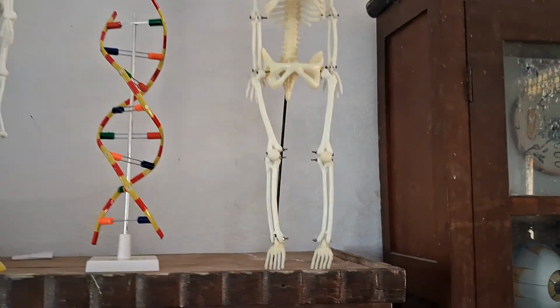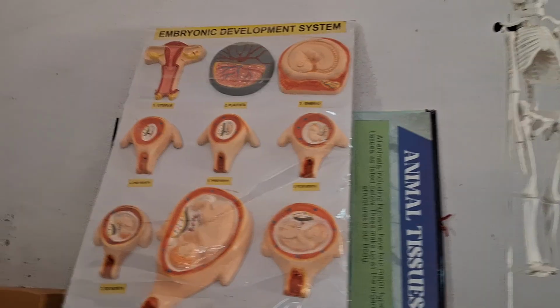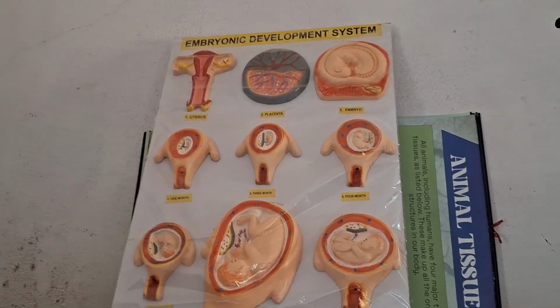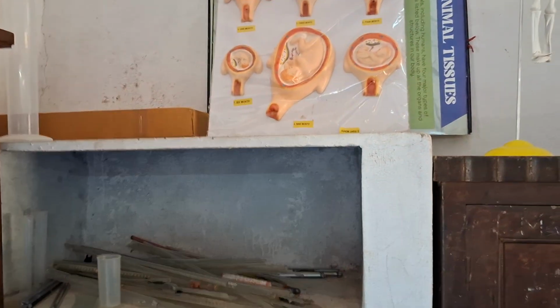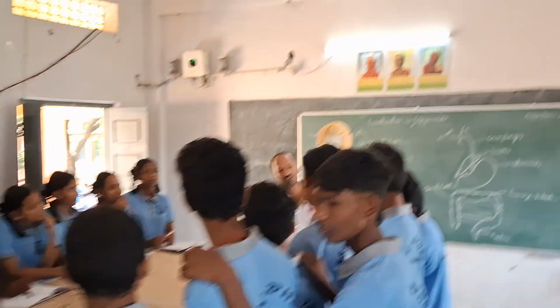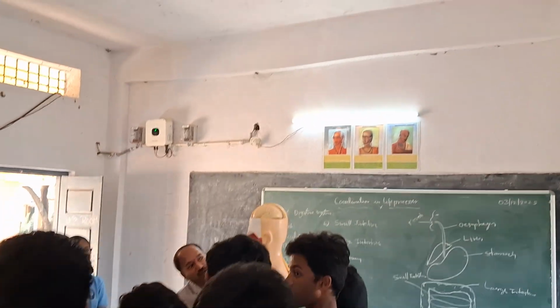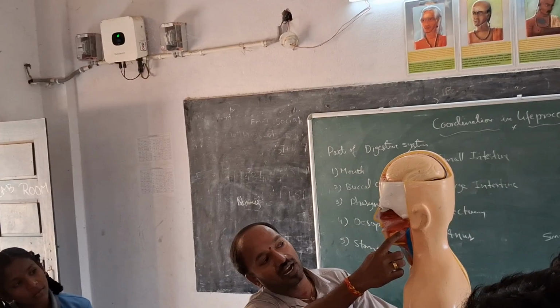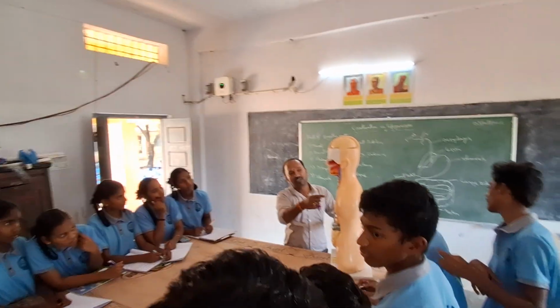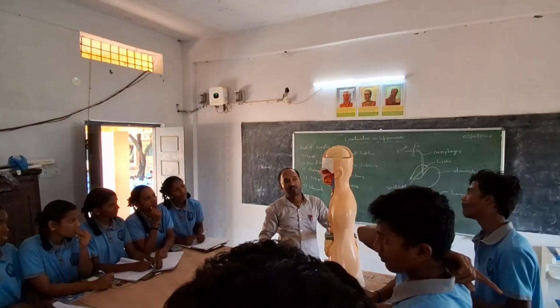Our buccal cavity contains the tongue and teeth. When food enters our buccal cavity, it contains 3 pairs of salivary glands. In the mouth we have 3 pairs of salivary glands. Here they are showing the salivary glands, and one will be inside our ear. So 3 salivary glands will be there.